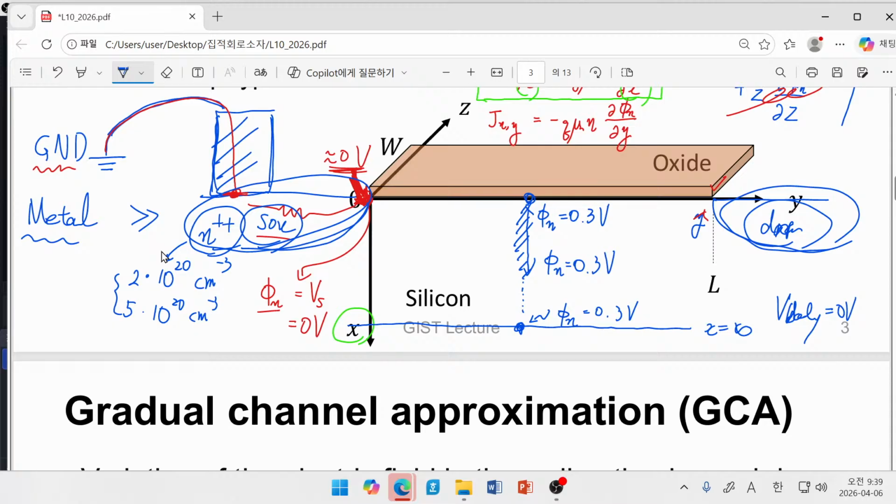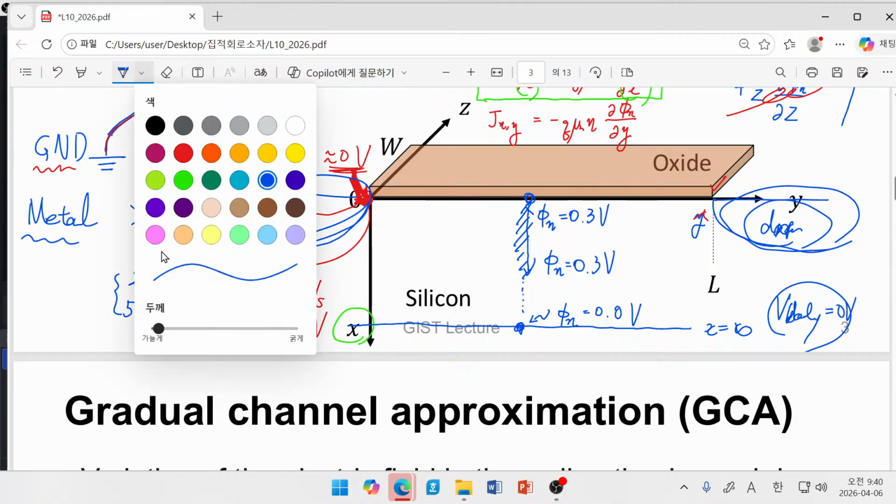The answer is quite clear. In this deep substrate, the electron quasi-Fermi potential should be 0.0 volt because it is connected to the body, and the body is grounded. So there seems to be some contradiction between my two arguments.